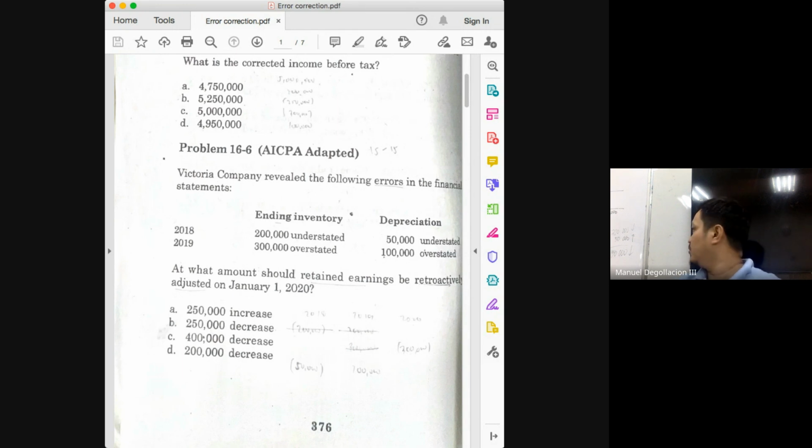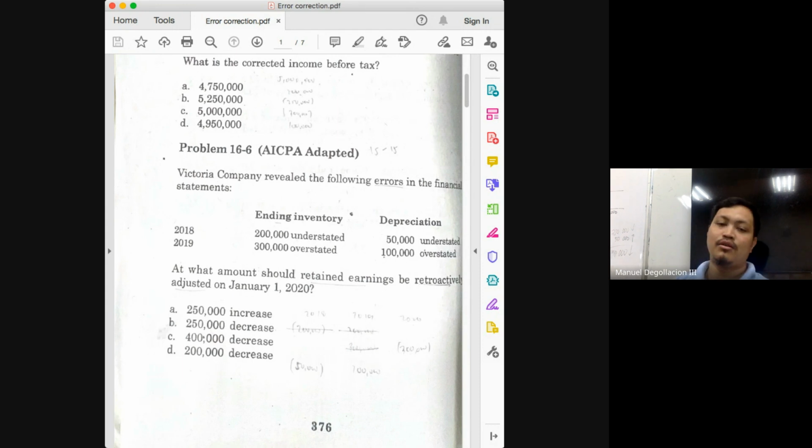So what are you supposed to do here? How do you correct an overstatement of 400, class? By decreasing. Okay? And then how do you correct an understatement of 150? By increasing. So what's the net change here? We need to decrease it by 400 and increase it by 150.